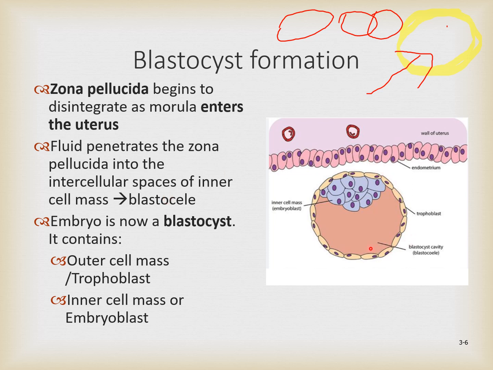Now this whole structure after the formation of a cavity inside is known as blastocyst, as you know that cyst itself is a fluid filled structure. The outer cells of this cyst will form the trophoblast, and the inner cell mass forms the embryoblast.